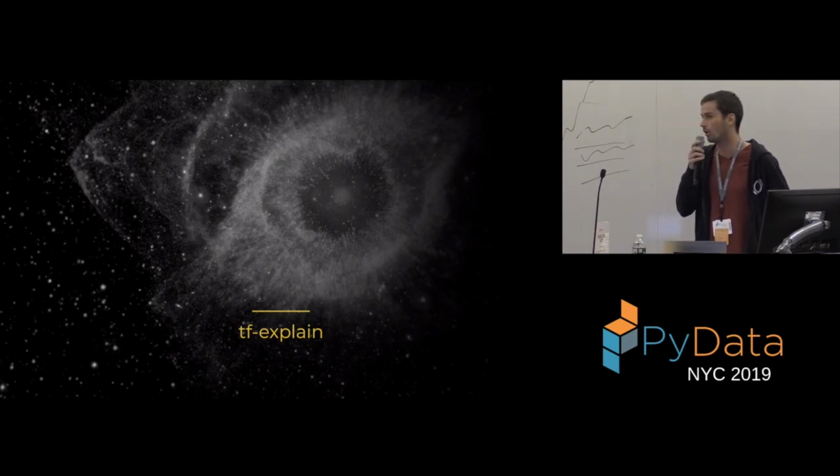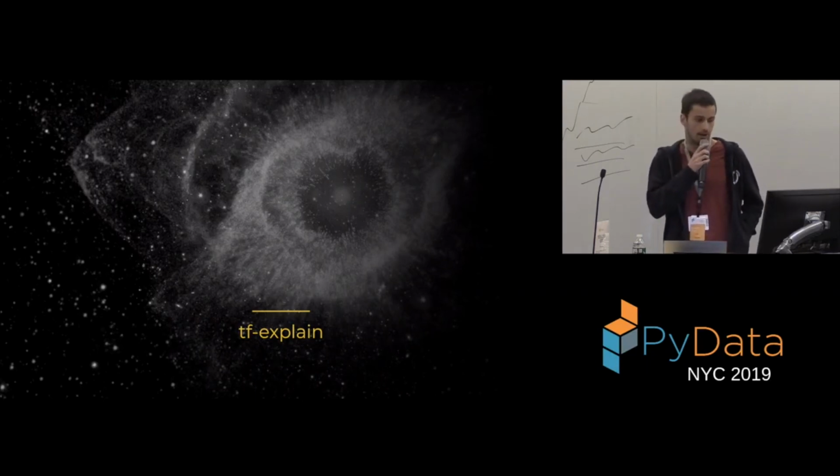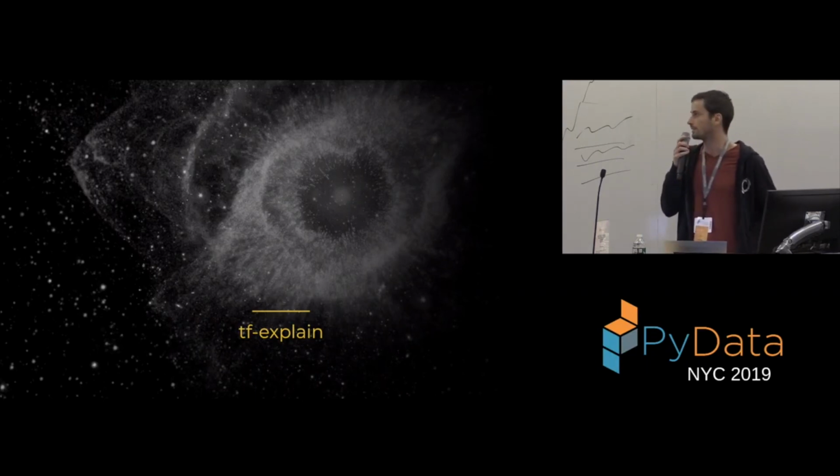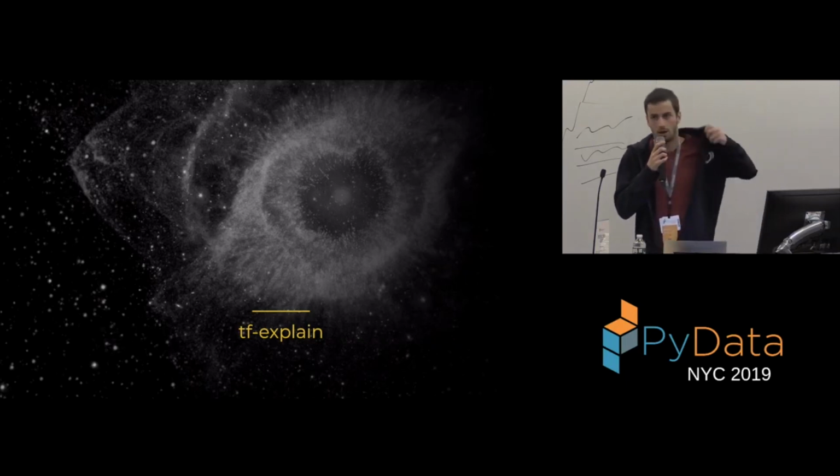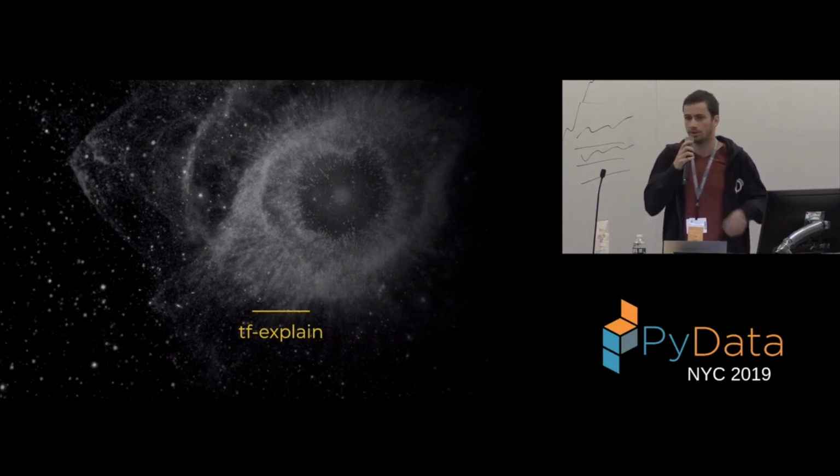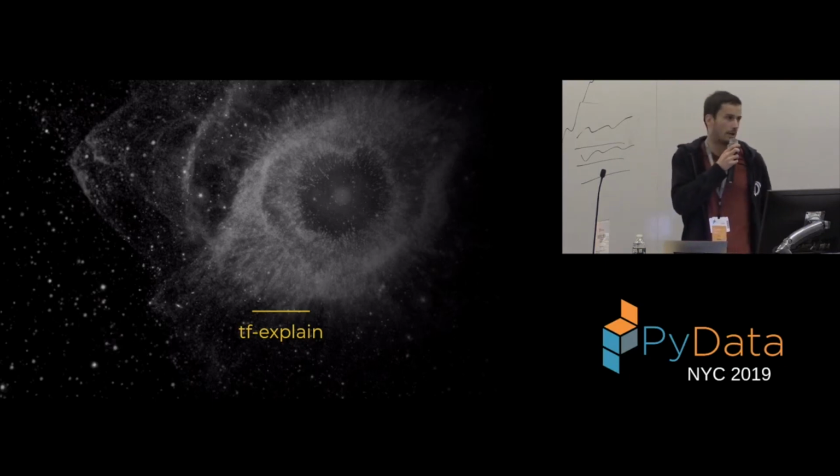So now I'm going to talk more about interpretability. Before we get started and dive into some methods that can be a bit confusing and complex, I wanted to present tf-explain, which is a library that compiles a lot of those methods with a simple API. So you can basically use it every day without thinking about having to build something really complex on your model.